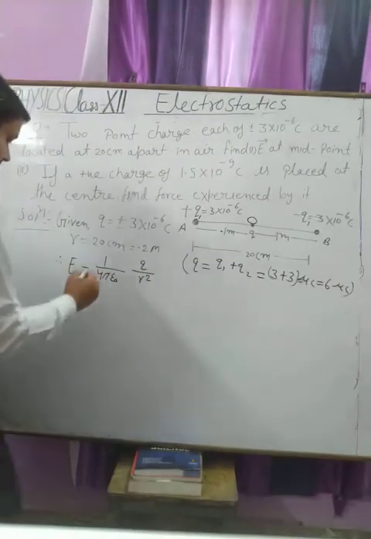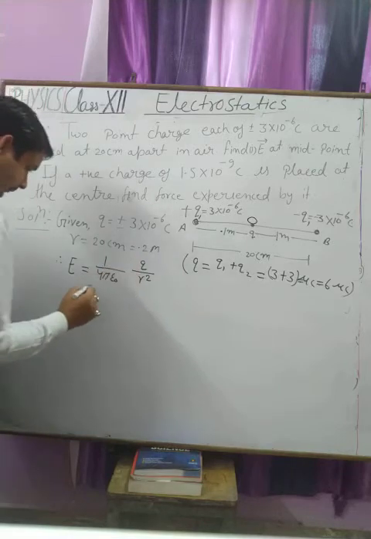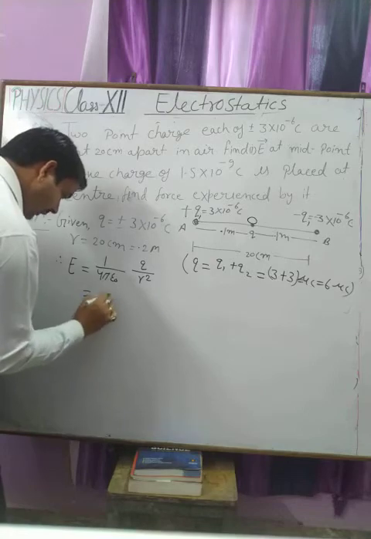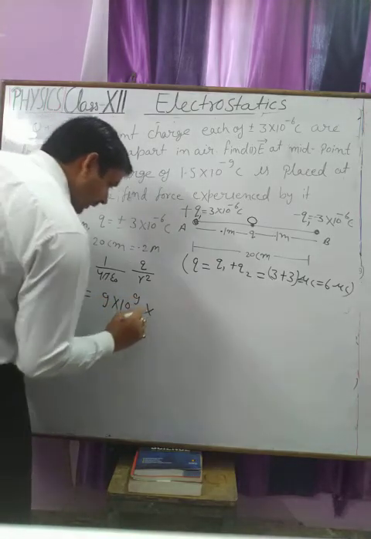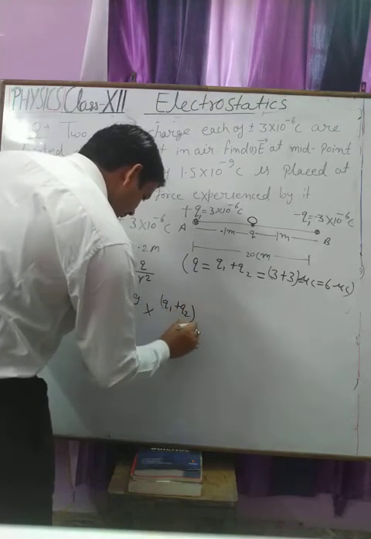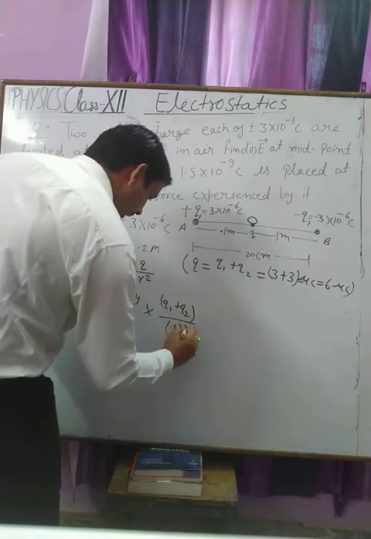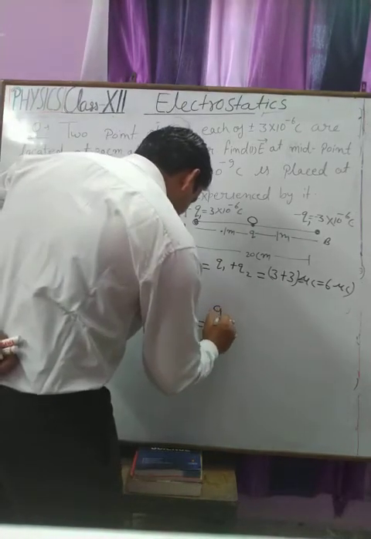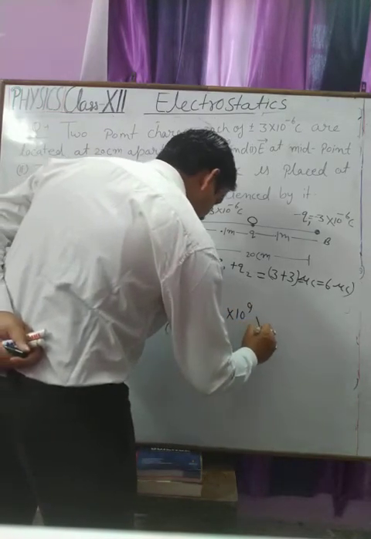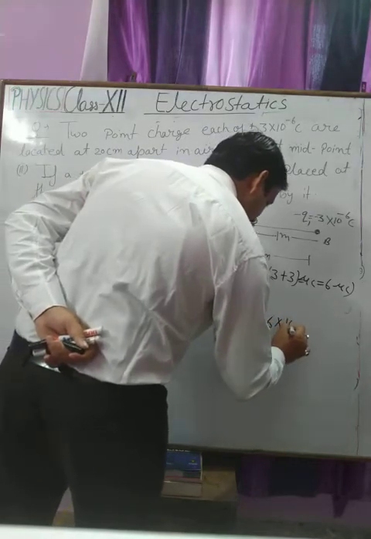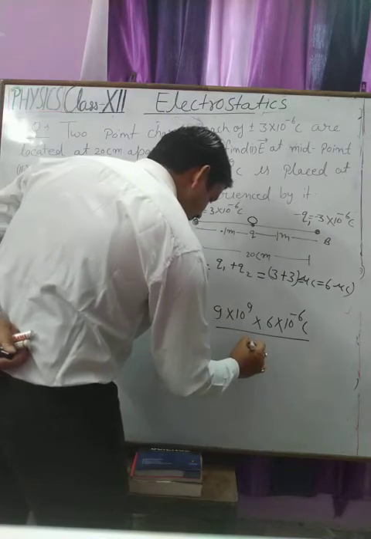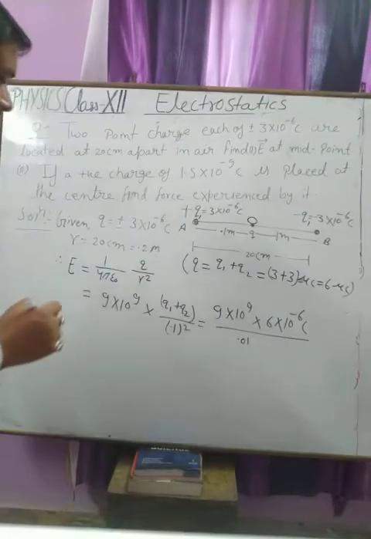and we are using microcoulomb, so this will become 6 microcoulomb. So we use the same way: 1 upon 4 pi epsilon naught directly 9 into 10 to the power 9, and here Q1 plus Q2 upon 0.1 square. So we have 9 into 10 to the power 9 into 6 into 10 to the power minus 6 coulomb upon 0.01, the square of 0.1.